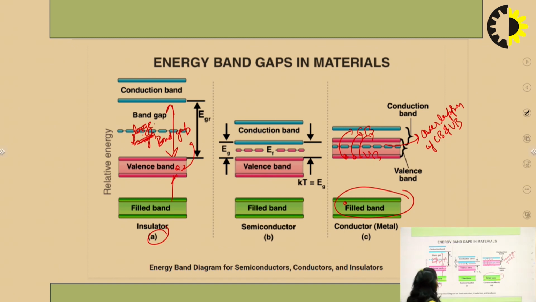Then we come to semiconductors. Now semiconductors do not have a very large, but some amount of band gap.